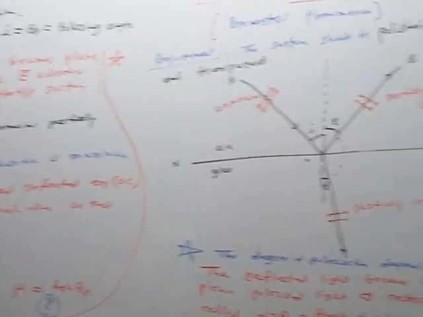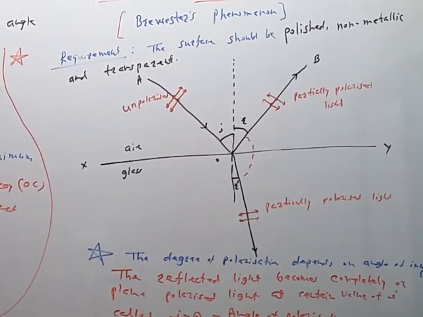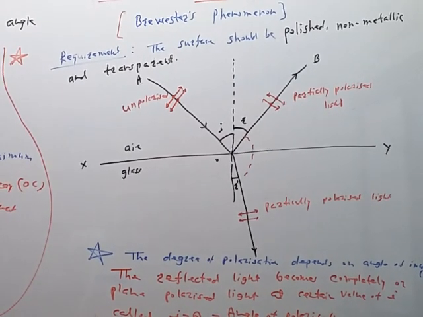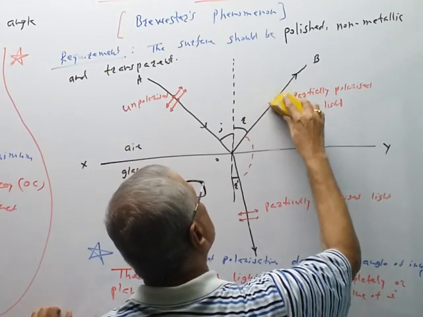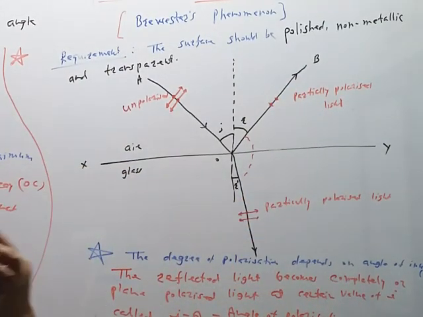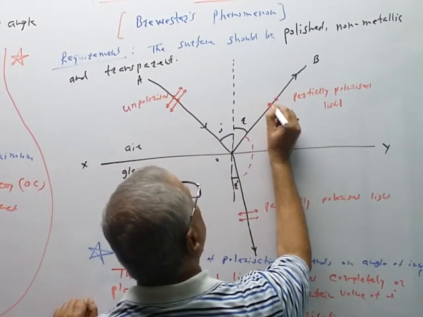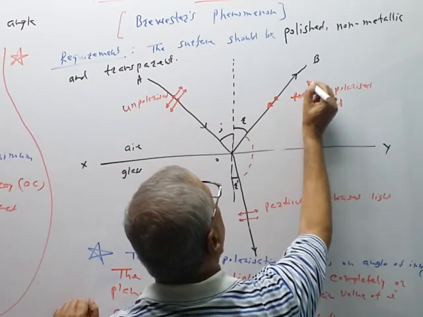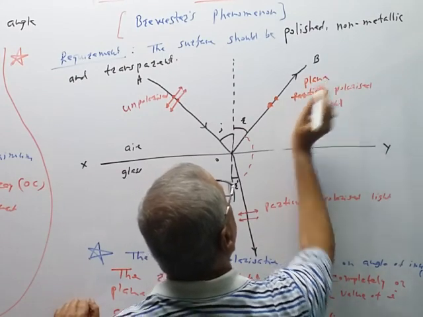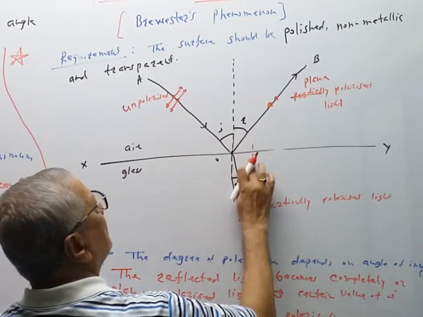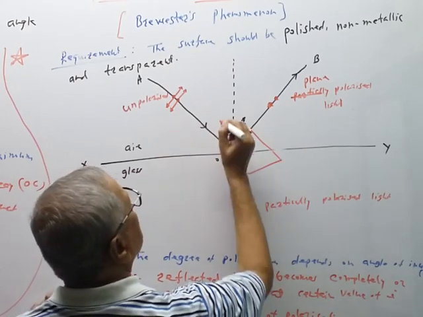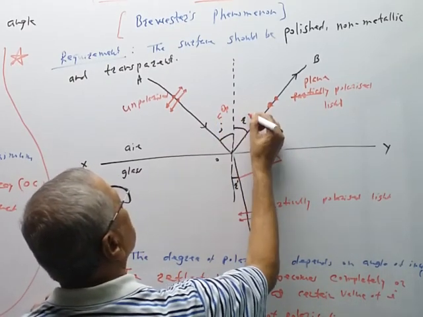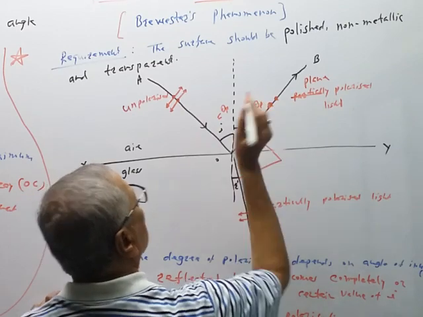So in this figure, now when I is equal to theta p, we make some changes like this. So this light becomes plane polarized, dot. This angle is 90 degree. This I is equal to theta p. R is equal to theta p.